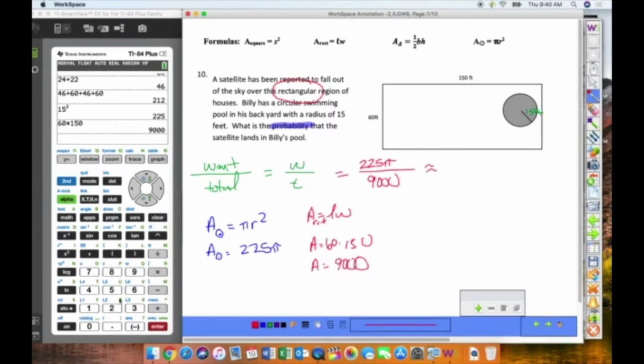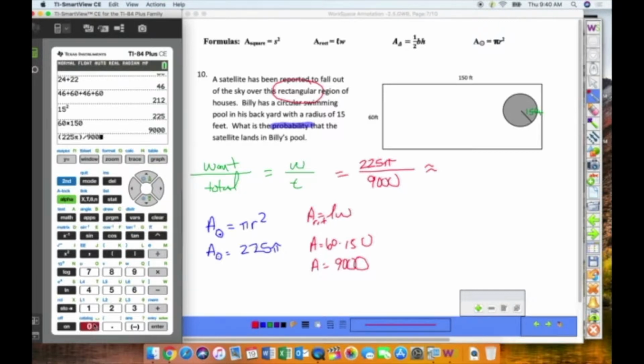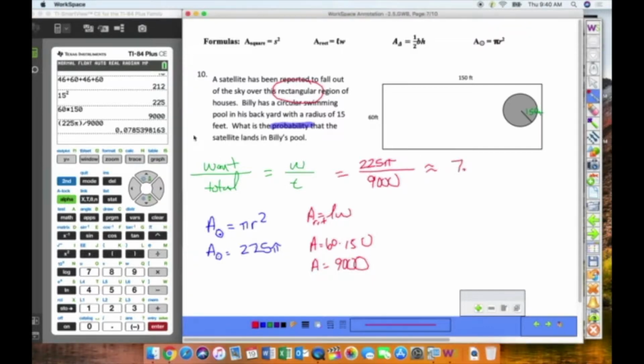So we're going to do 225 pi, and notice this, I'm going to put the 225 pi in parentheses because that numerator has more than one term. And I want to divide that by 9,000. And I'm going to change this to a percent, to the nearest tenth of a percent. So remember, to change to a percent, you move the decimal two places over, and that's about 7 point, it's either going to be 7.8 or 7.9.